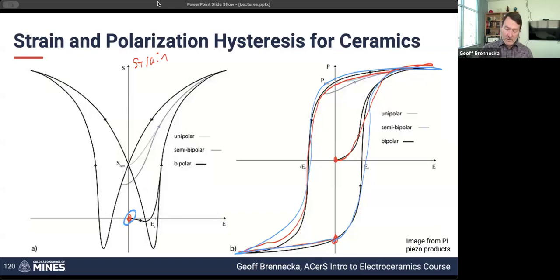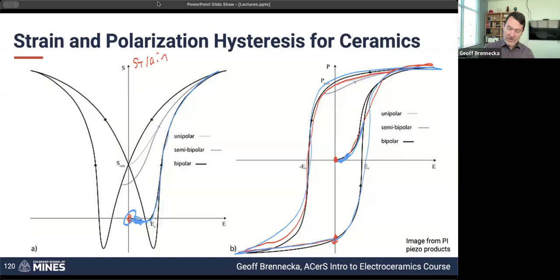So in this case, we're going to apply this field, and eventually when the material starts to pull, this initial decrease here is this very low slope portion right there. And then as the domain walls are starting to flip, we are getting more and more and more strain.